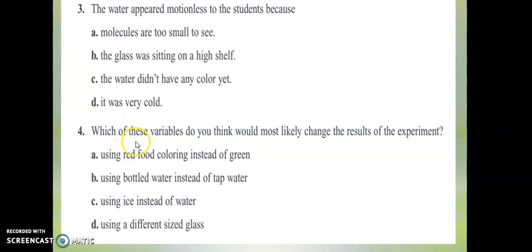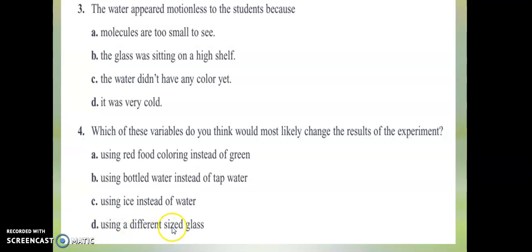Number 4. Which of these variables do you think will most likely change the result of the experiment? Option A, using red food coloring instead of green. I don't think so. I think it's the same, the color doesn't matter. Using bottled water instead of tap water. I don't think so. Use ice instead of water. Maybe.